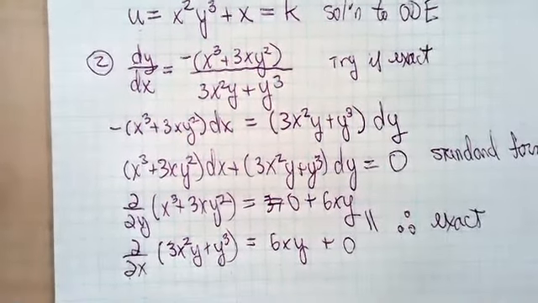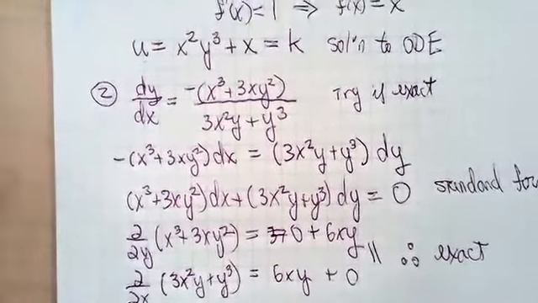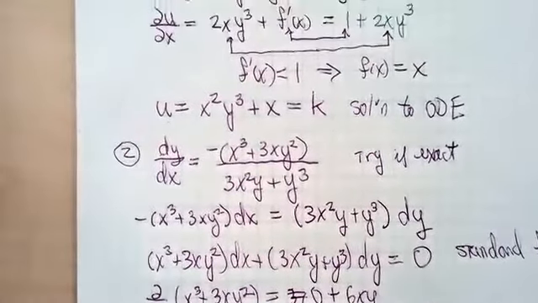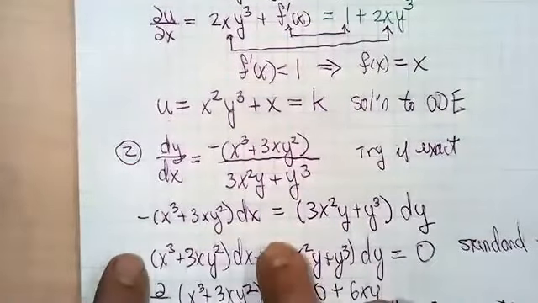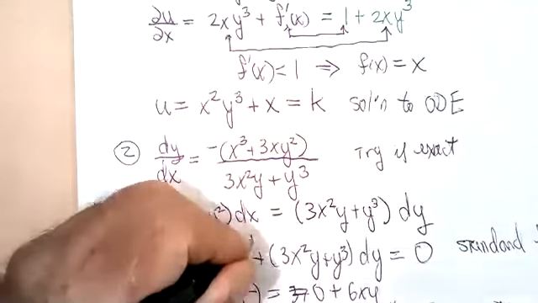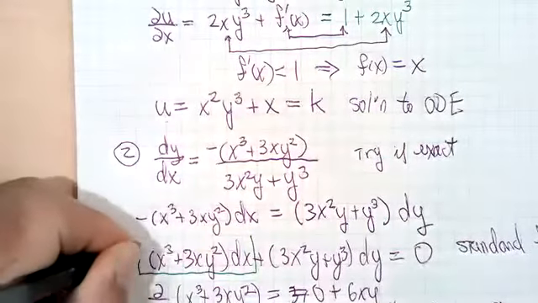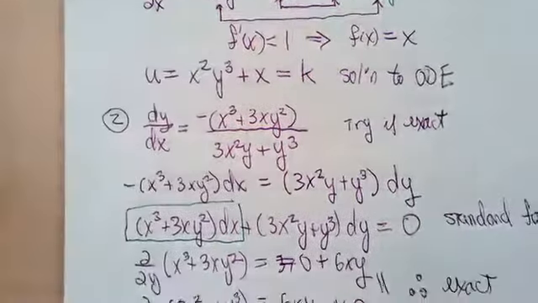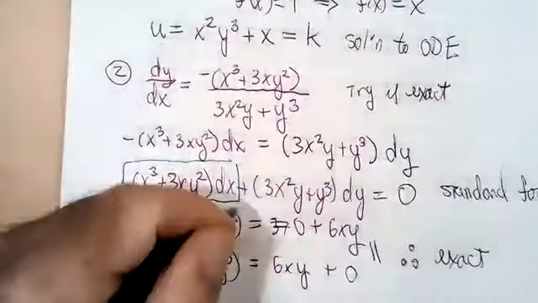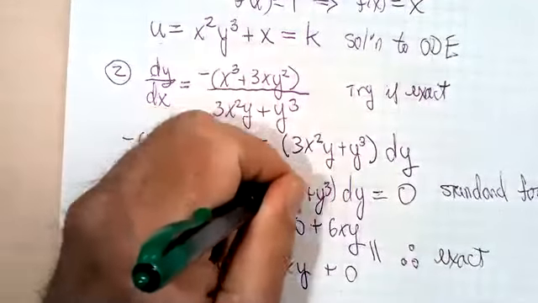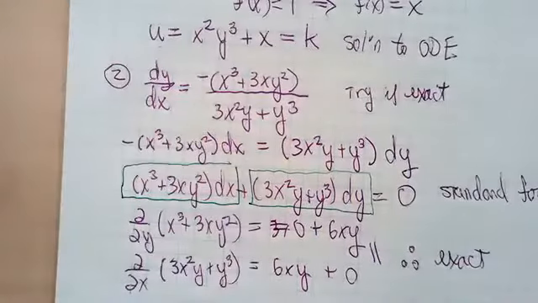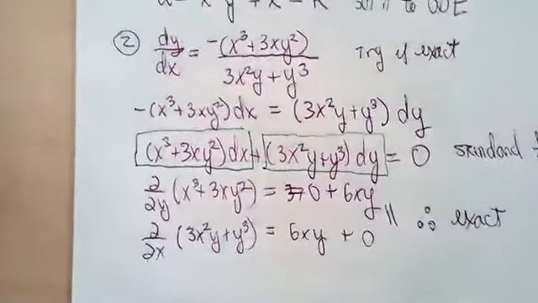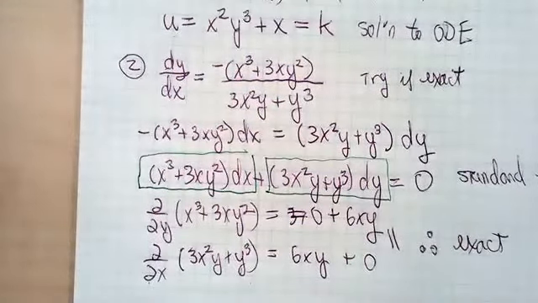Okay, so that means I should take the antiderivative of either this piece here, write an integral sign in front of that, or write an integral sign in front of this. Either one of them will give you the general form of u. So I don't see any reason to prefer either one.